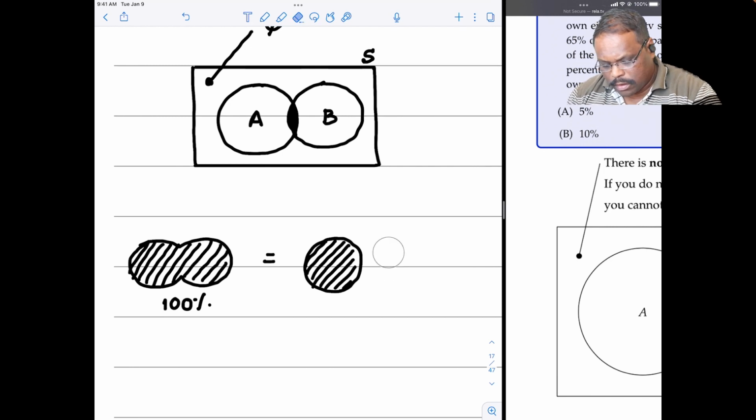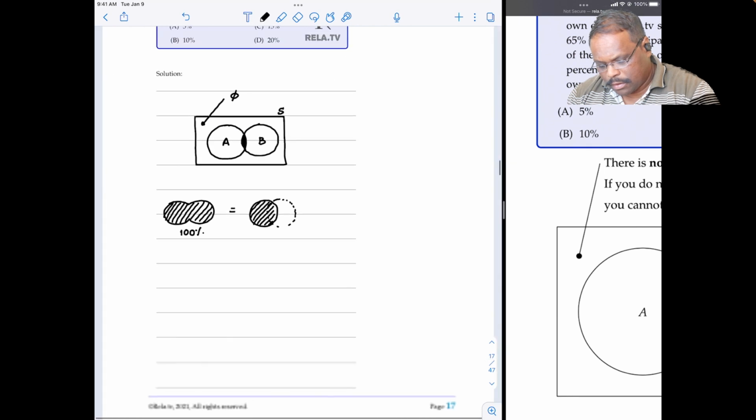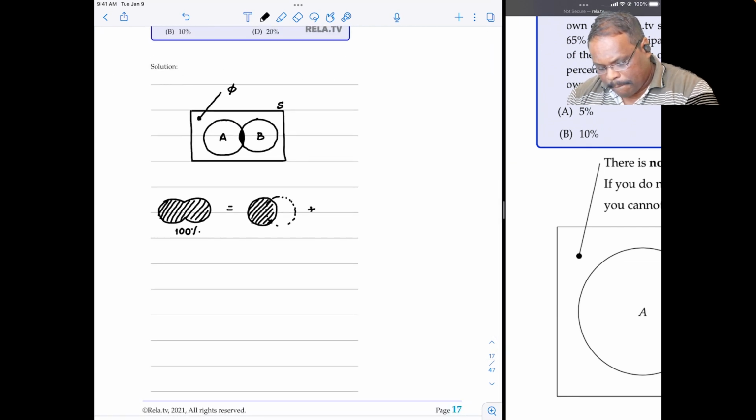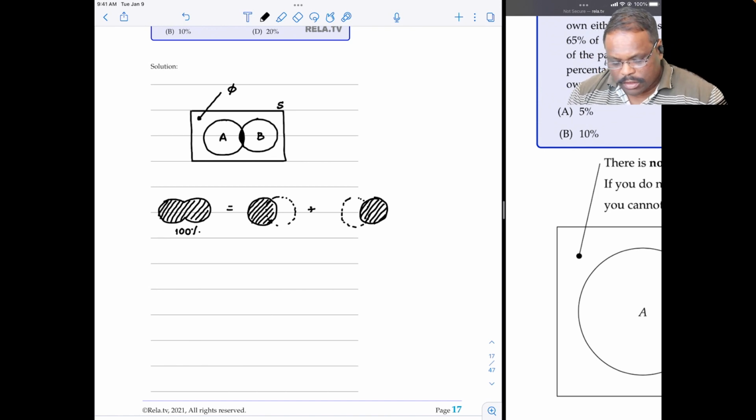Let me make this a little bit smaller. Say, for example, there is another circle plus a second area. Again, there is the first circle. So you can add these two elements. The problem is, since there is an overlapping portion, that particular common area is going to get counted twice.